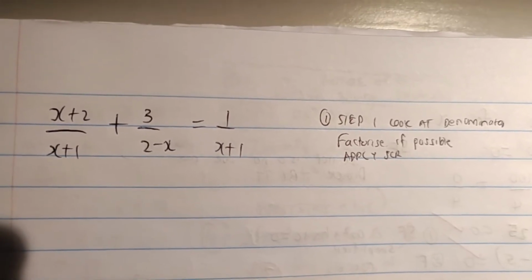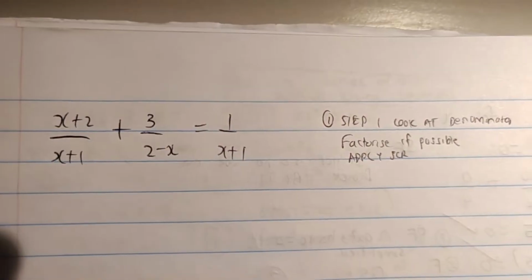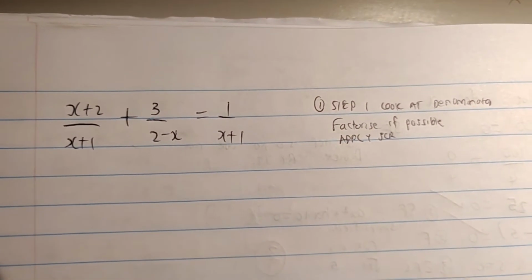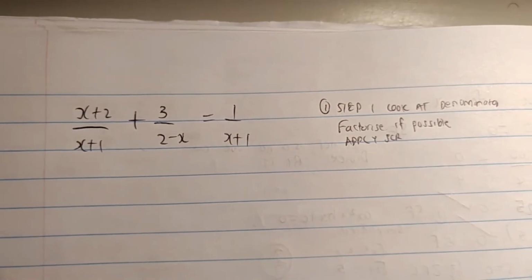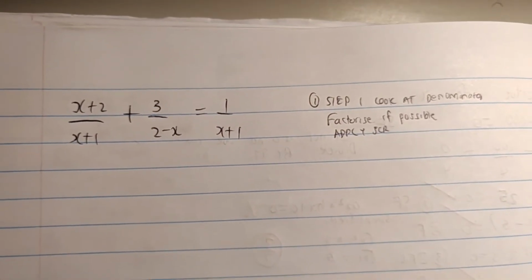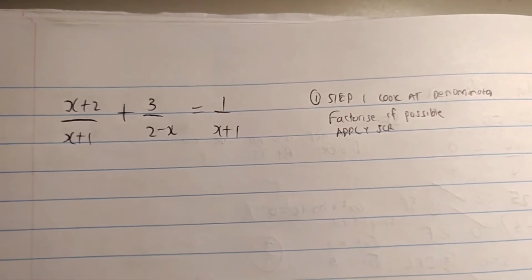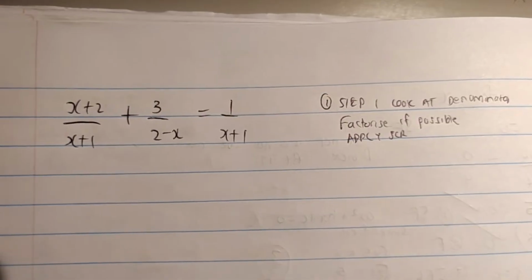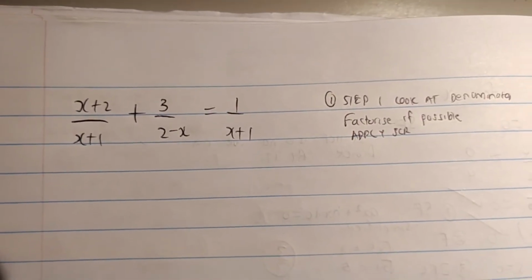If there is one, you take it out, and then you leave what's left over inside brackets. Then lastly, you look at the brackets and check, can you factorize further? Or are there like terms that can be added or subtracted inside the bracket? If all of that is done and there's nothing more that can be done, you stop right there.